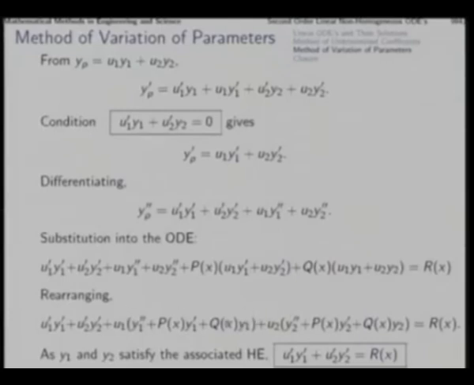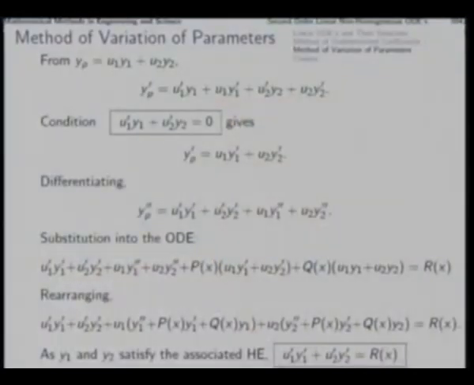So we collect the u1 terms together and u2 terms together. Now we know that y1 and y2 are solutions of the corresponding homogeneous equation. That means that this is equal to 0, and similarly this is equal to 0. So then cancelling these 2 zero terms, we get u1 prime y1 prime plus u2 prime y2 prime equal to rx.